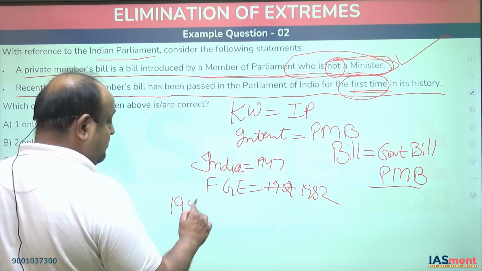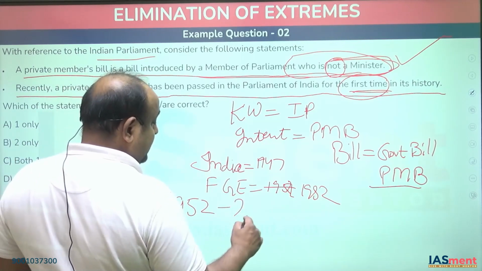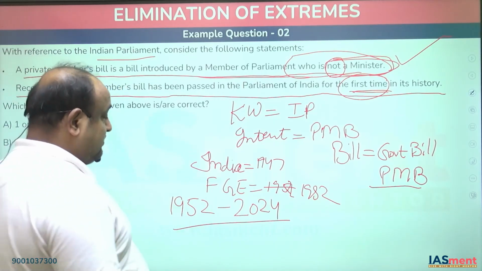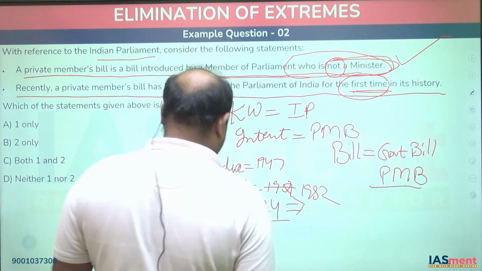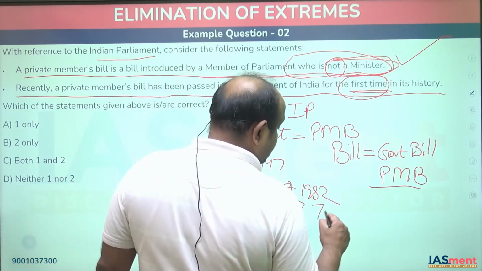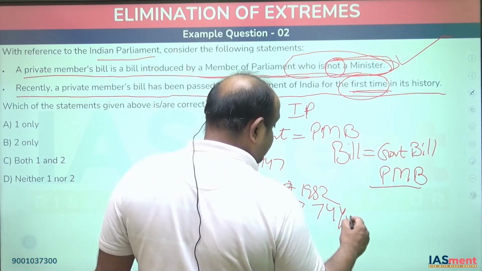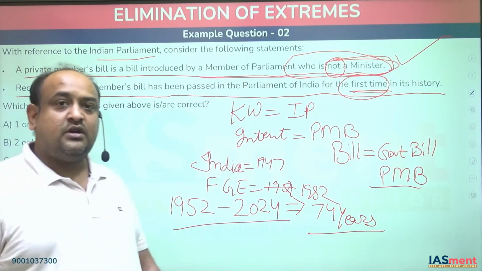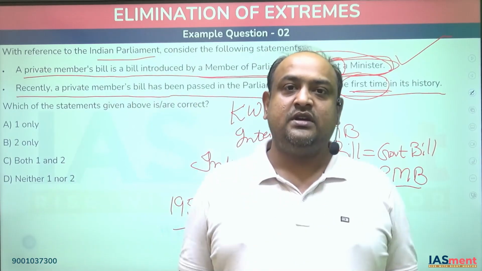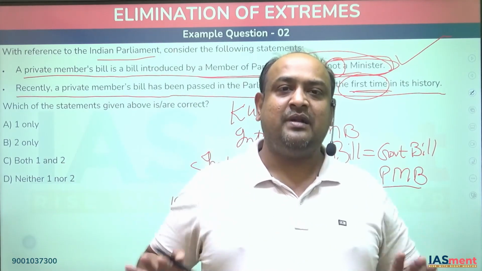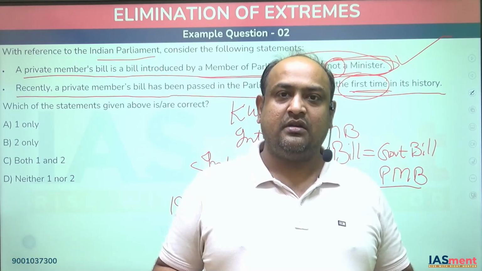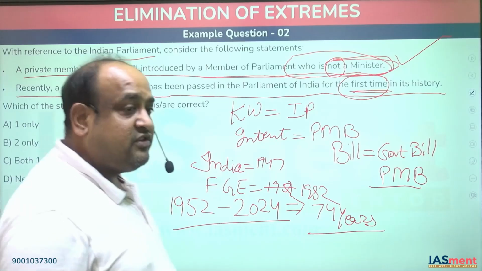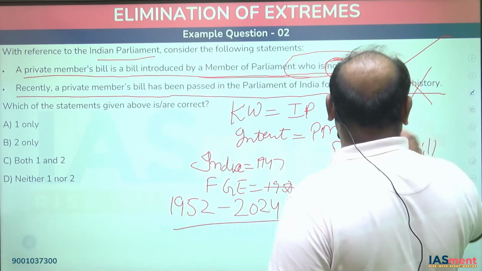Since 1952, and now it is 2024, how many years have passed? There are a total of 74 years. Do you think in 74 years there will be no private member bill passed at all? Do you think so? This statement seems very much weird. So I definitely mark it wrong.